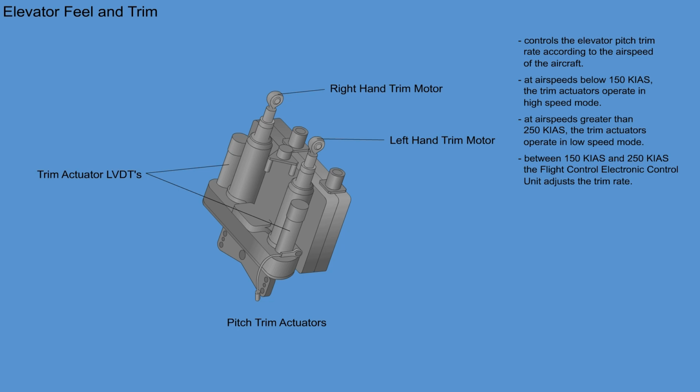At airspeeds below 150 knots indicated airspeed, the trim actuators operate in high-speed mode. At airspeeds greater than 250 knots indicated airspeed, the trim actuators operate in low-speed mode. Between 150 and 250 knots indicated airspeed, the Flight Control Electronic Control Unit adjusts the trim rate.